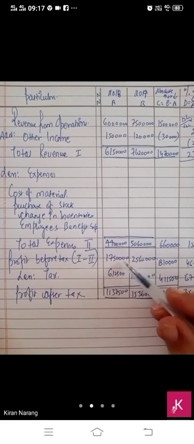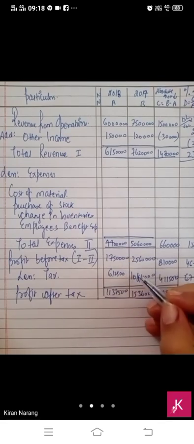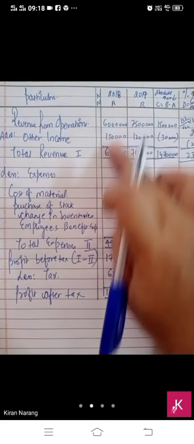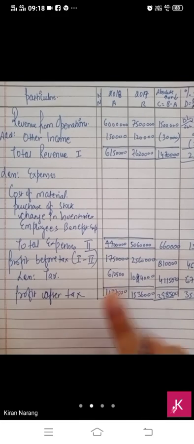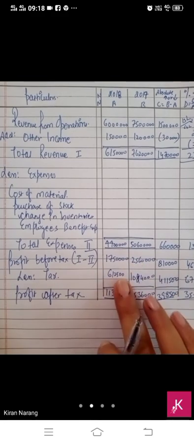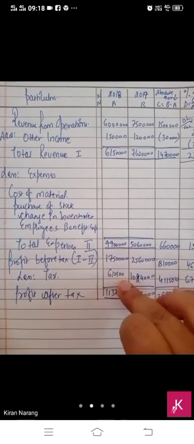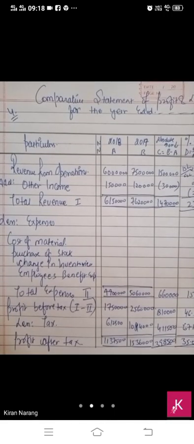You will get profit before tax. Then you have to calculate the tax. But you have to remember, you have to write the previous year data at first place and current year at second place, and write it in a careful manner. You should be careful because the tax here was 35% and 40%. So this was your comparative profit and loss.